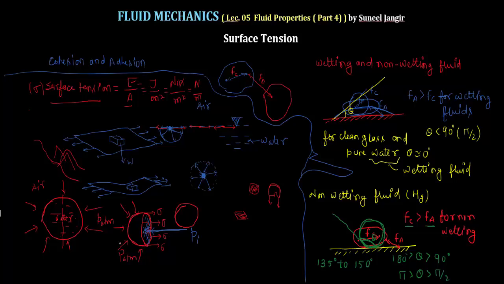If you want to calculate the force, we can take the projected area for this semisphere. The projected area for this semisphere is a circle, and if I say the diameter of this droplet is d, then this pressure force will be equal to P A, that is the atmospheric pressure, into this projected area. The area of a circle is pi by 4 d square. This will try to compress the droplet.